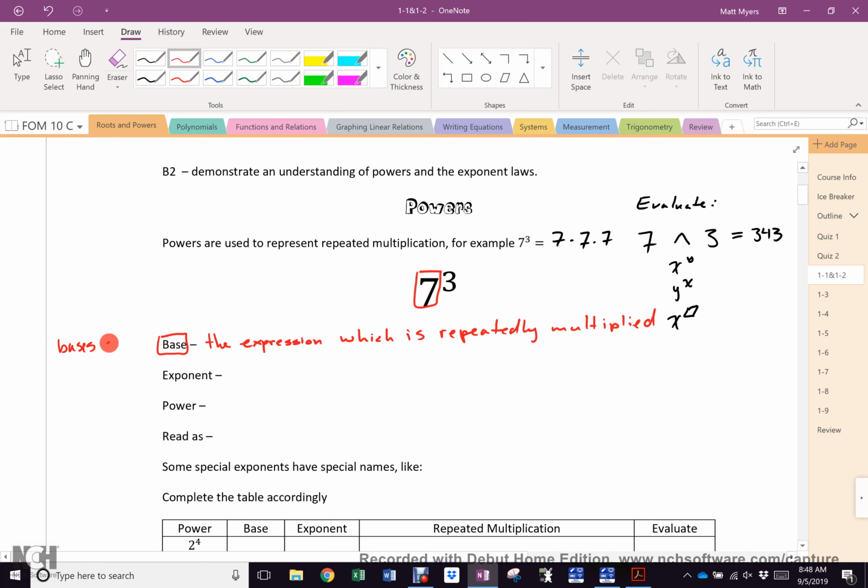Bases are immediately left of exponents, which is the next thing we're going to talk about, which is why I give definition this and this. The exponent is the blue thing, and the exponent is the number of bases we multiply.